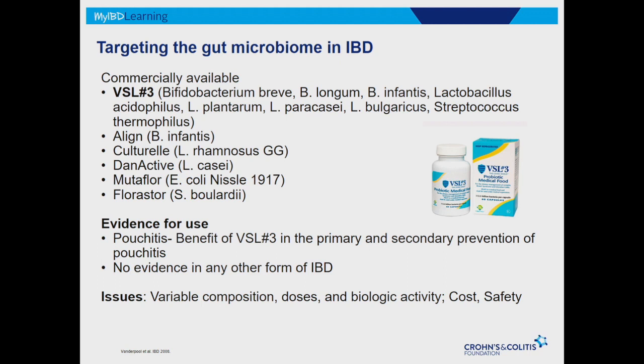So many folks in this room have heard of VSL number 3. It's now called Visbiome, and that's been studied in a randomized controlled trial and has demonstrated efficacy for pouchitis, but not great efficacy. But again, in Crohn's and ulcerative colitis, where probiotics have been studied, they've also been studied in C. difficile infections. They seem to have very little, if any, impact.